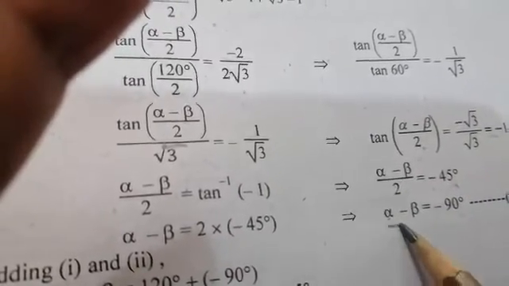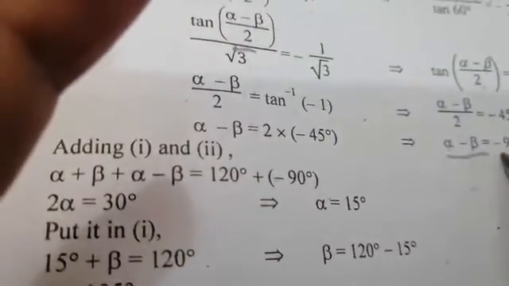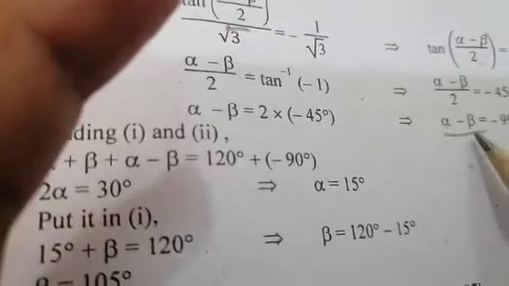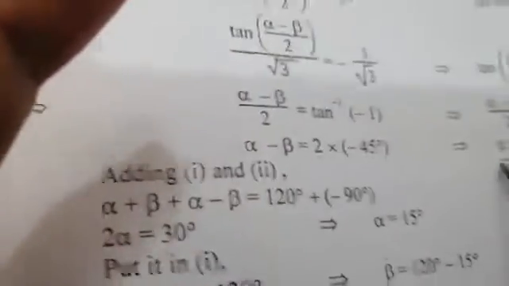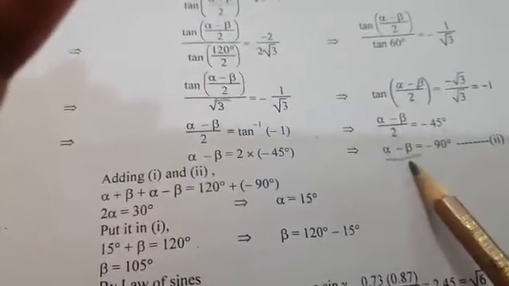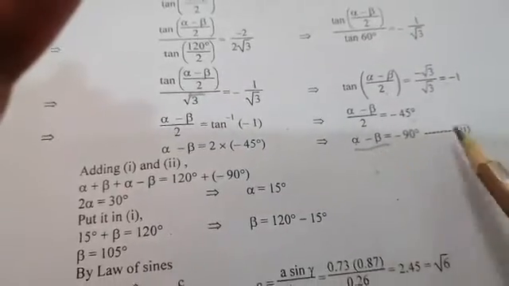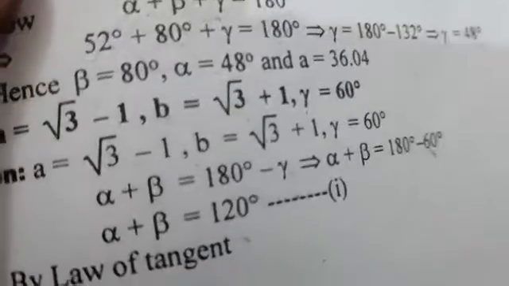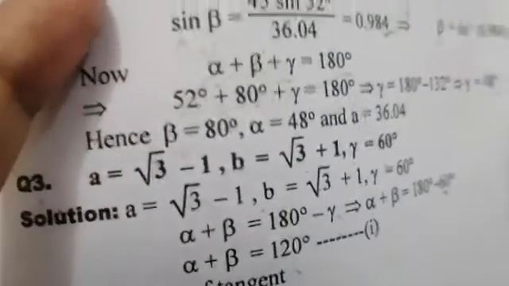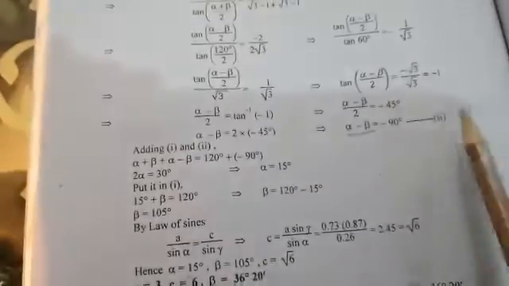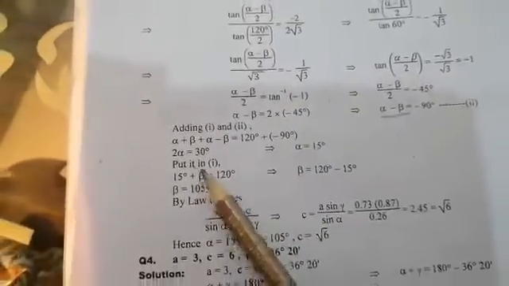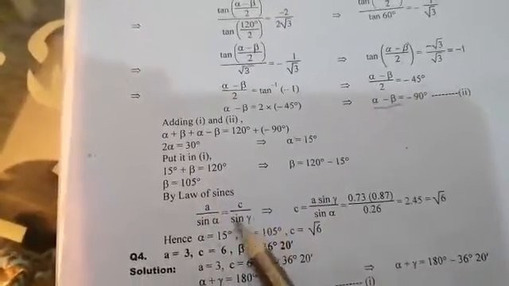When we have information of alpha minus beta and alpha plus beta, it means we can get the values of alpha and beta by solving these two equations, equation number 1 and equation number 2, and we can easily find alpha and beta.